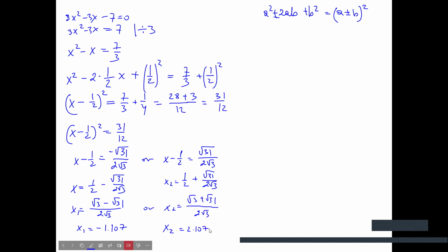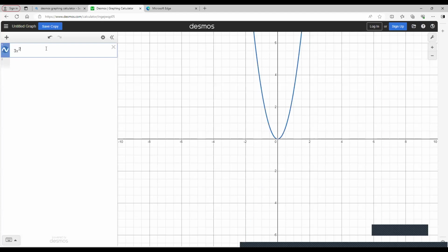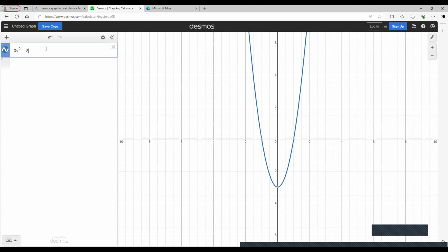Ready? Moment of truth. So 3x squared minus, I said minus 3x plus 7, right? Was it minus 7?